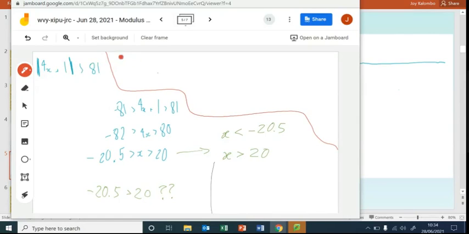If the modulus of 4x plus 1 is greater than 81, that means the entity inside the modulus function, 4x plus 1, has to be greater than 81, or 4x plus 1 must be less than minus 81. Because remember, if the thing inside the modulus gets more and more negative, the output just gets more and more positive.